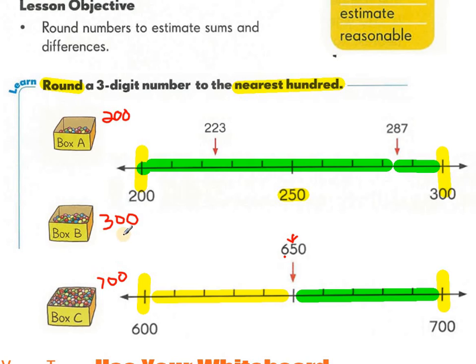And I know that 700 plus 300 makes 1,000. And I know that 1,000 plus 200 is 1,200. So with all the beads that I have in these boxes, I have about 1,200 beads. And that's math I can do quite quickly in my head.